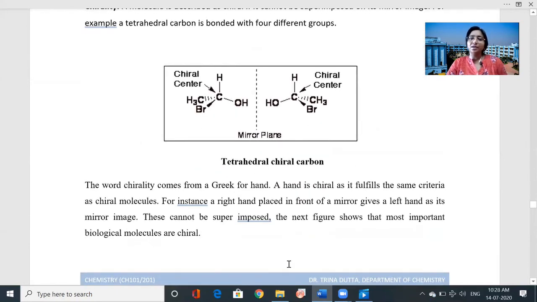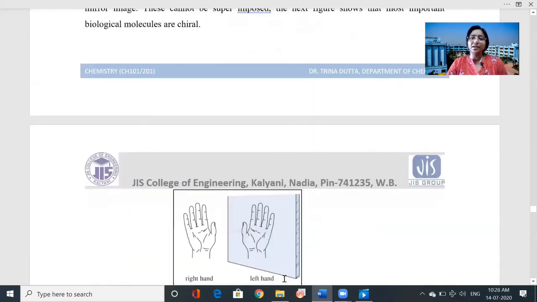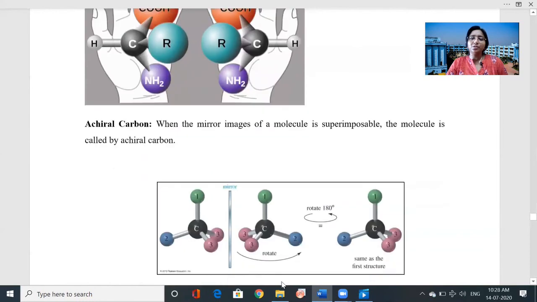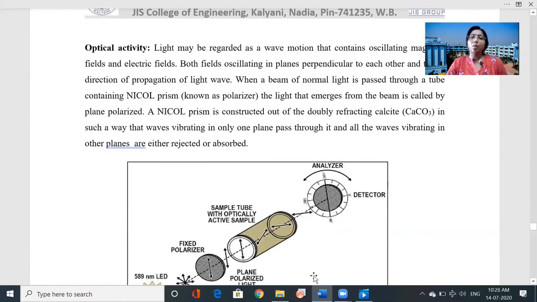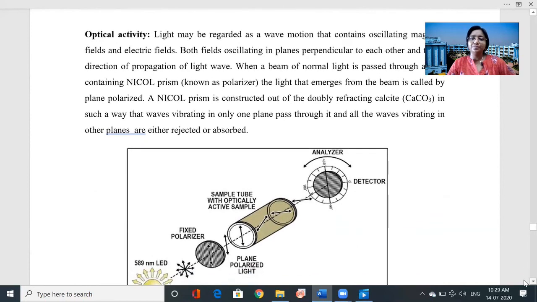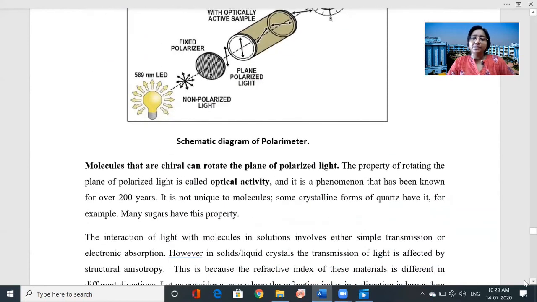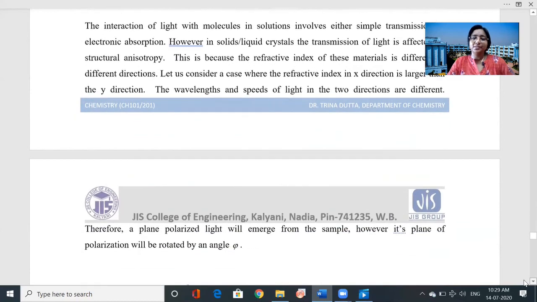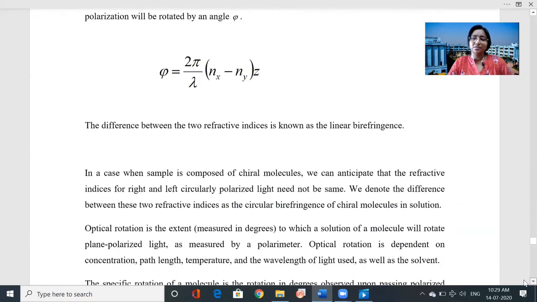Next, you have learned what the chiral center is, what chirality is, and what optical activity is. You have also seen the video, so you can visualize it. Next I am asking a few questions. Let's check whether you can answer or not.